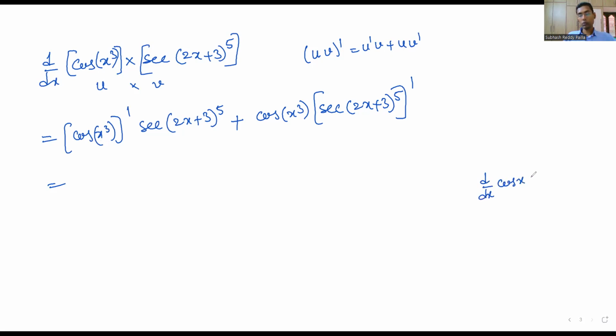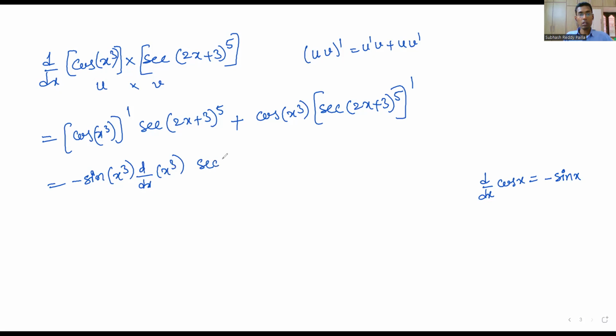Derivative of cos is minus sin, by using chain rule: minus sin x cube, into the derivative of x cube, you have to differentiate again like this.